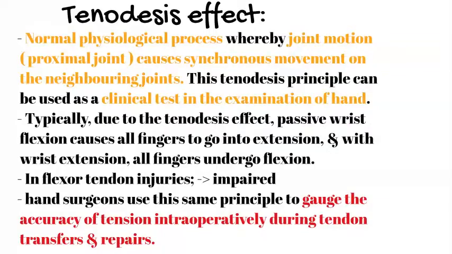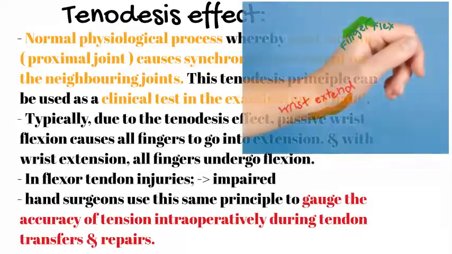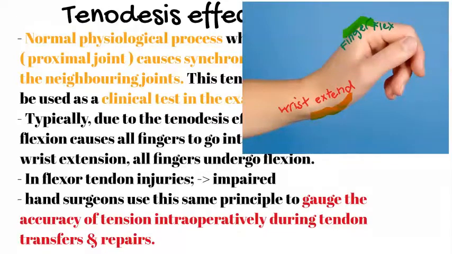Hand surgeons use this same principle to gauge the accuracy of tension intraoperatively during tendon transfers and repairs. This picture illustrates the tenodesis effect, whereby during wrist extension, all the fingers will go into flexion and vice versa.